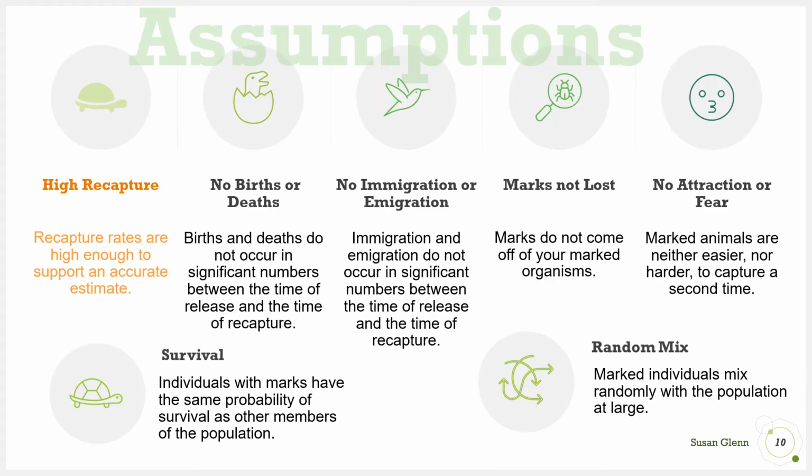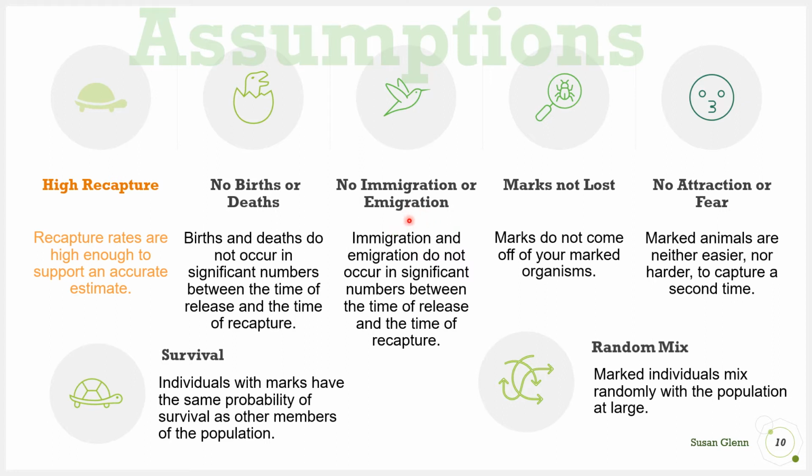So when we look at the assumptions of using these techniques, we've talked about that we're assuming there are no significant births or deaths between the initial sample and the second sample. There's no significant immigration or emigration of individuals in and out of the population.